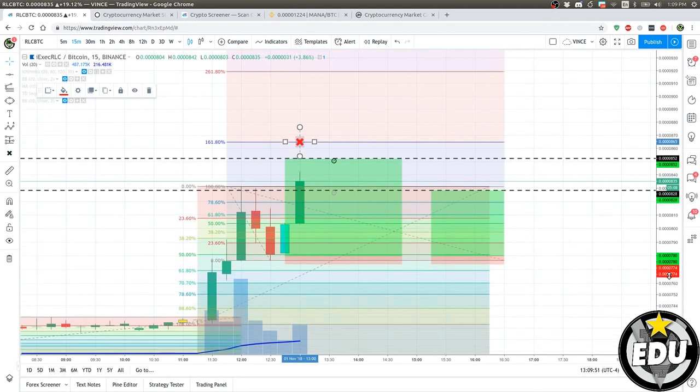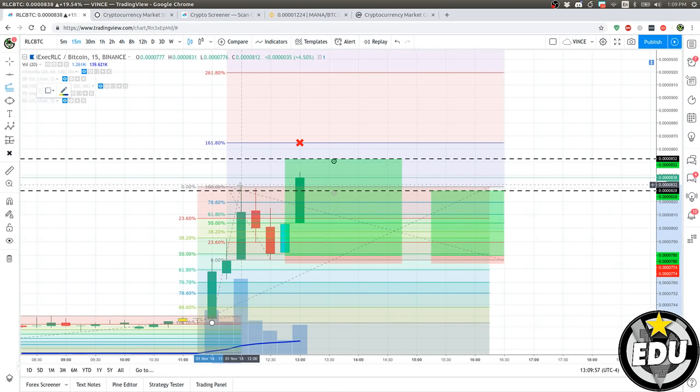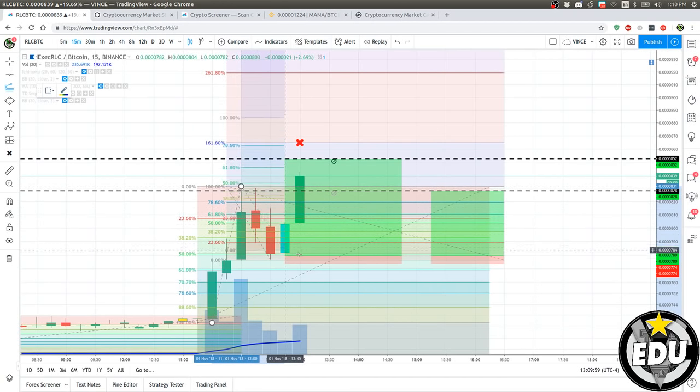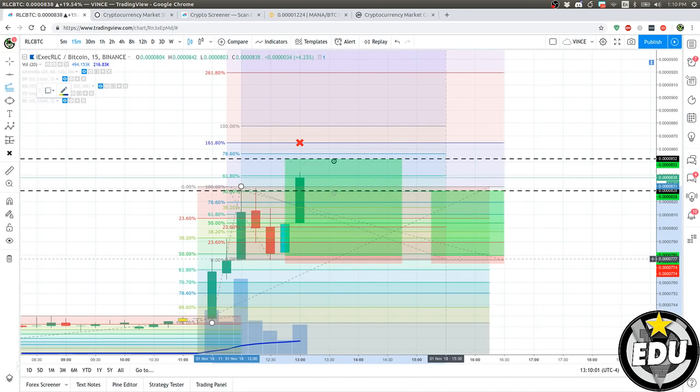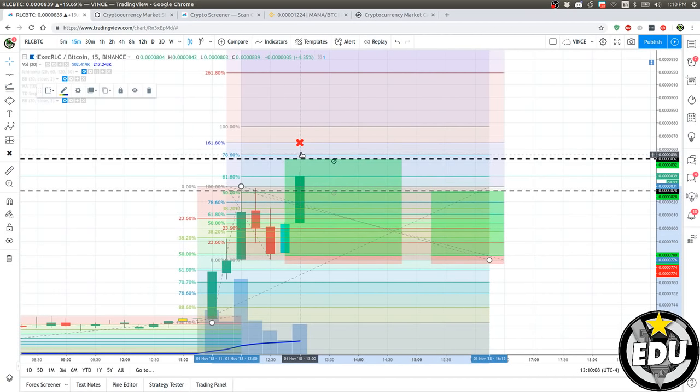Or we could trace the normal extension from the bottom to the top to the bottom of the correction, and that would give us 78 and 100, and we actually hit 61 already. As you guys see here, we have 1, 2, 3 other levels.